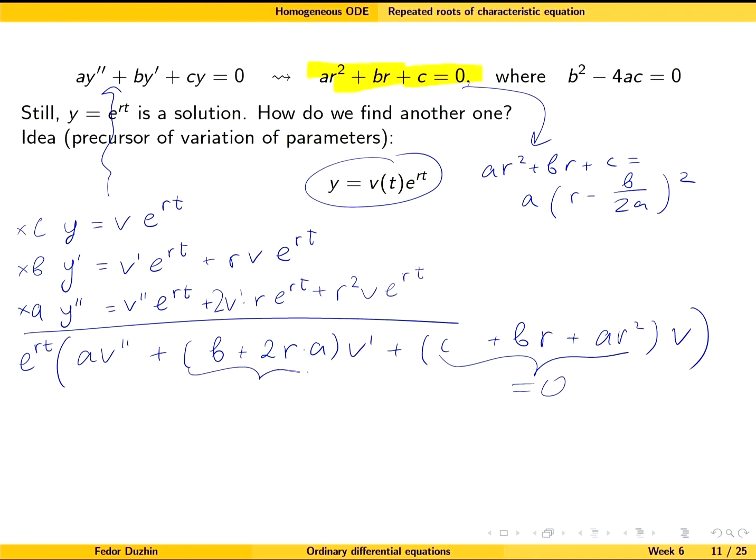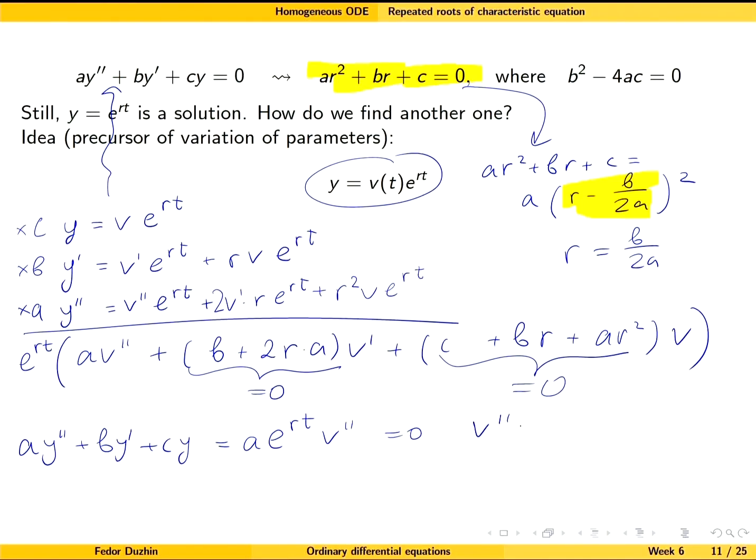Alright, now let's look at this. b plus 2ra, but notice that r equals b over 2a. So let me write it: r equals b over 2a, which means that this part is 0 too. Right, so what we get is that a y double prime plus b y prime plus c y is just this a e to the rt v double prime, and it should be 0.